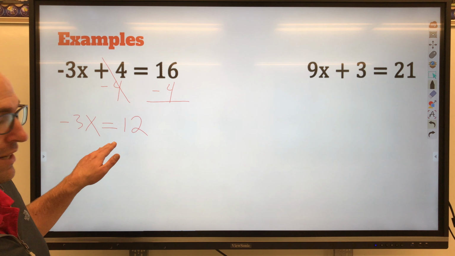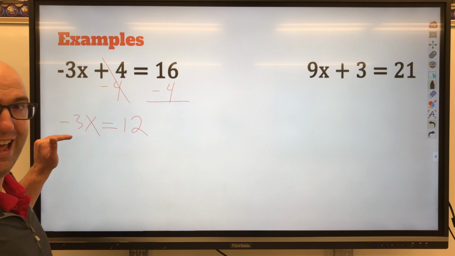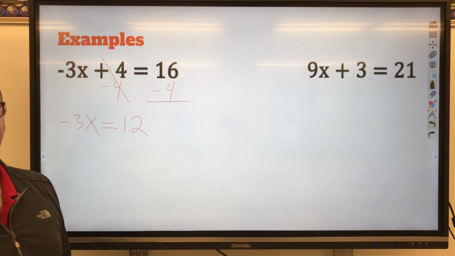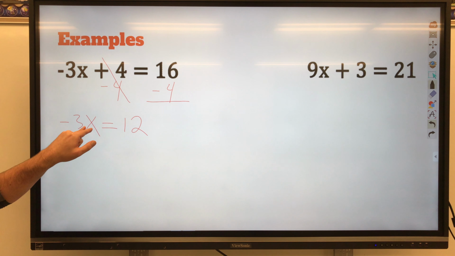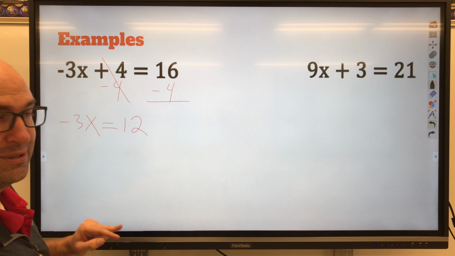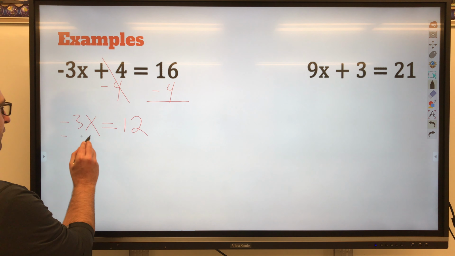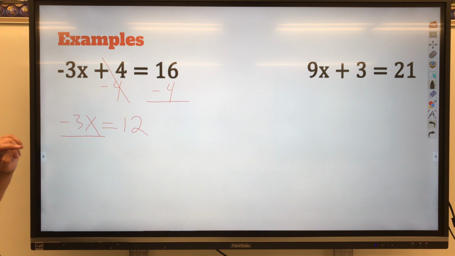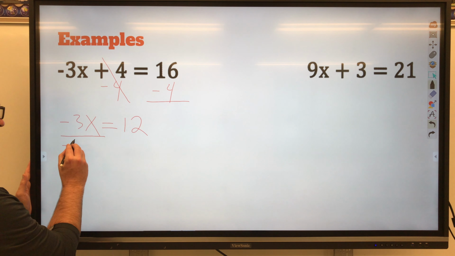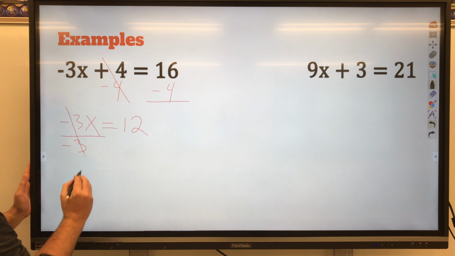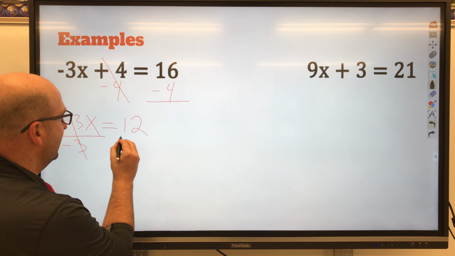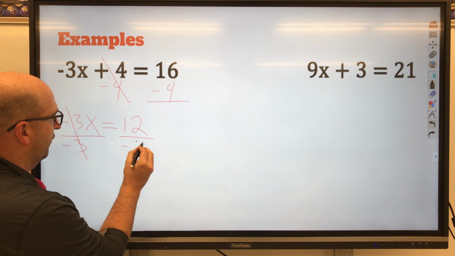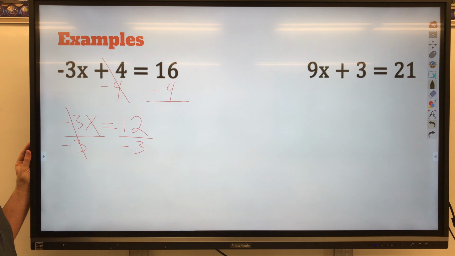We're not done yet because I have a coefficient in front of that x. I haven't completely isolated it yet. So I need to get x all by itself. To do that, -3 times x, my inverse is division, and I'm going to divide by that coefficient, -3. That eliminates that. To balance the equation, I need to also divide by -3 on this side.